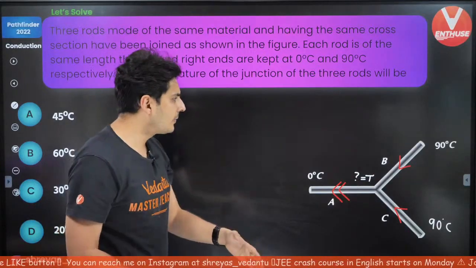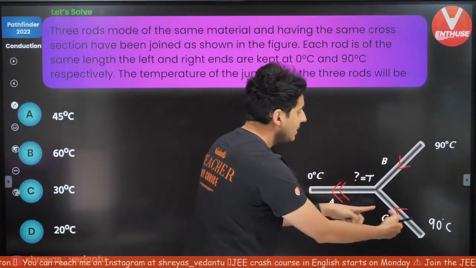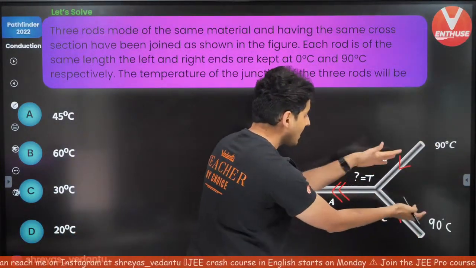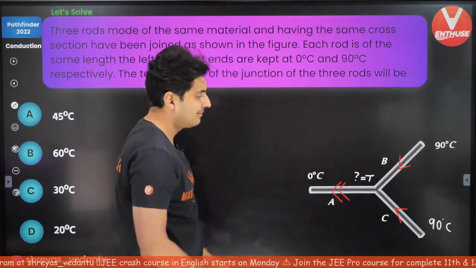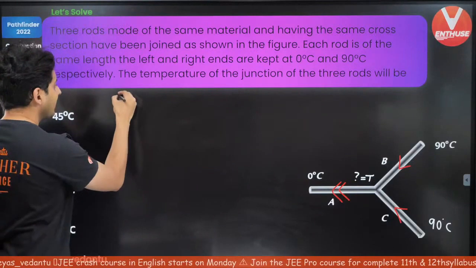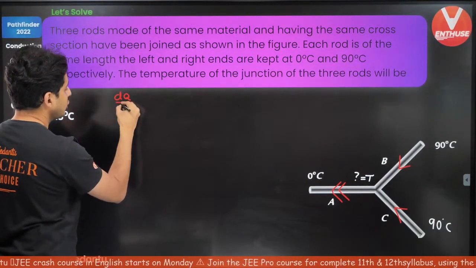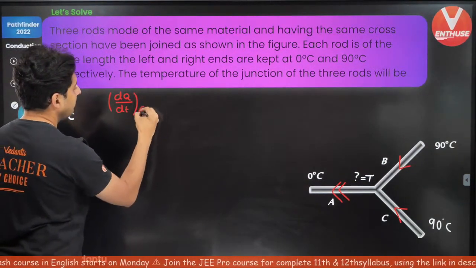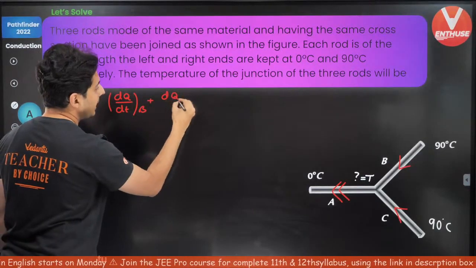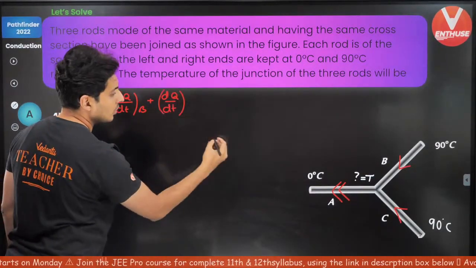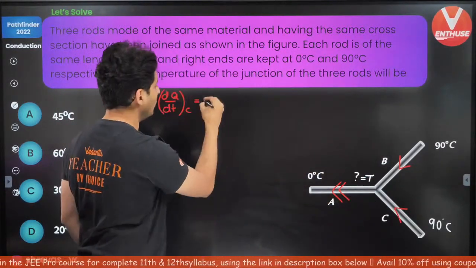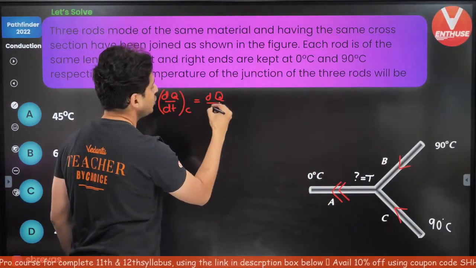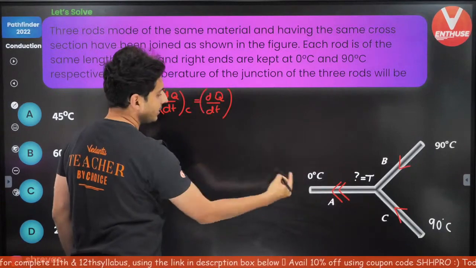So can I say the heat flowing here plus the heat flowing here accumulated will be the net heat flowing in this rod? Agreed? So the heat flow rate dq by dt in rod B plus dq by dt in the rod C, can I say that it is equal to the heat flow rate dq by dt in the rod A?